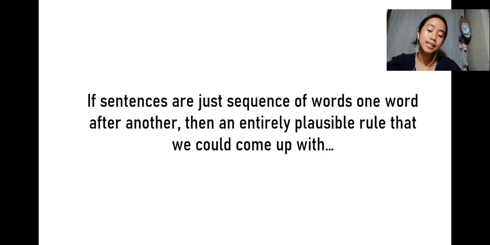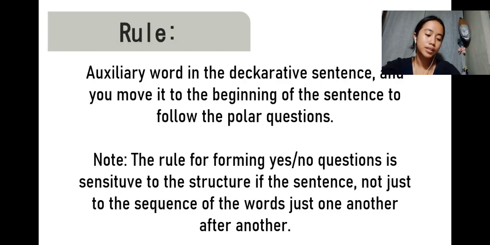Now if sentences are just sequences of words, one word after another, then an entirely plausible rule a child could come up with is to take the auxiliary word in the declarative sentence and move it to the beginning of the sentence to form the polar question. Note that the rule for forming yes or no questions is sensitive to the structure of the sentence, not just to the sequence of the words, one after another.